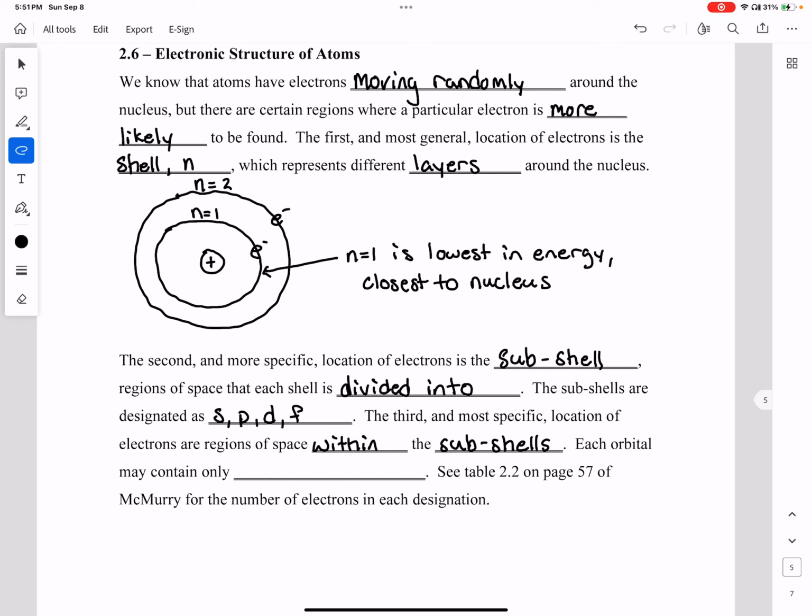Okay, and those are called orbitals. Okay, each orbital can only contain two electrons. Okay, so I want you to see table 2.2 on page 57 of McMurry, and you can see the number of electrons within each designation.